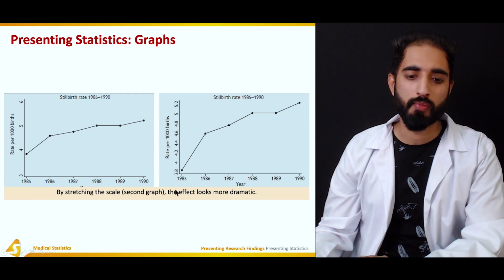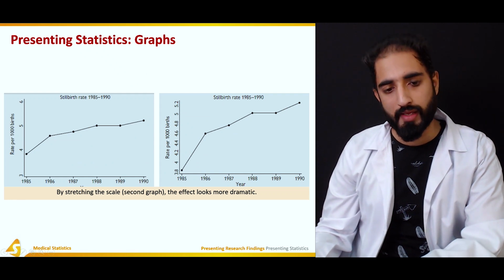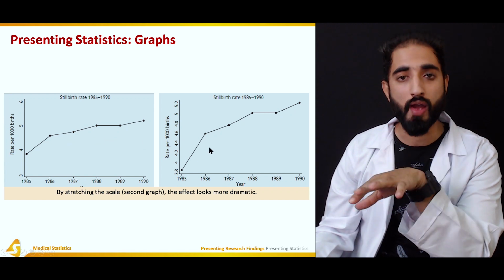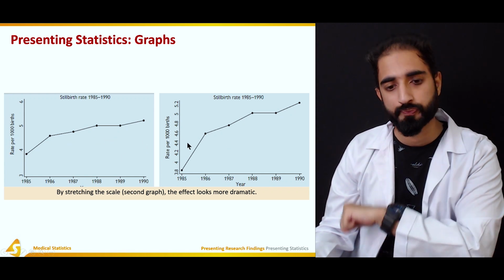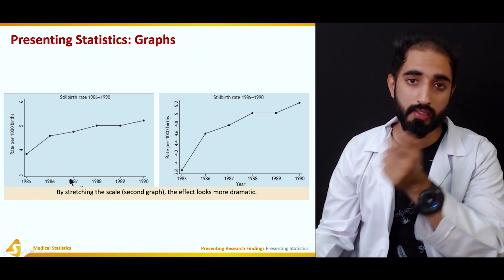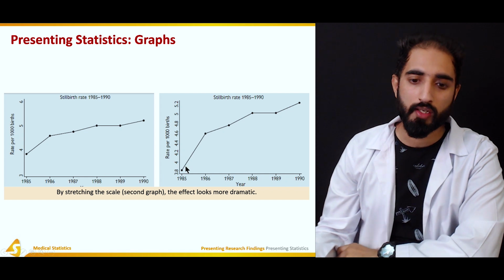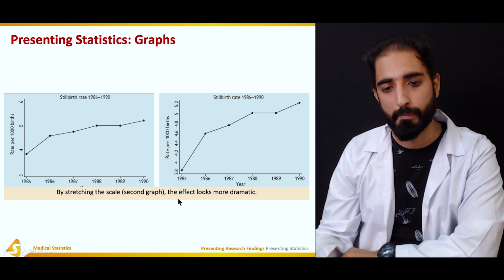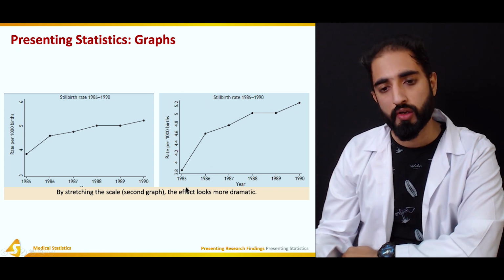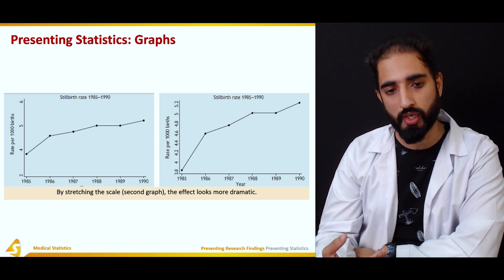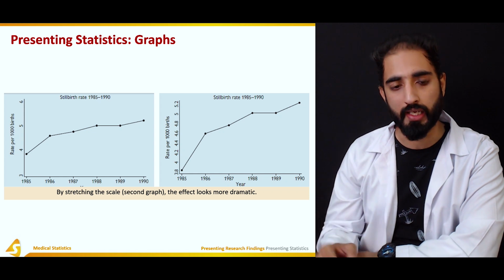Now here is an example of a graph, and here you can see two graphs which look very different from each other. But in fact, they are presenting the same statistics and the same findings. The difference is due to a phenomenon known as stretching, which makes a graph look as though the relationship is more dramatic.